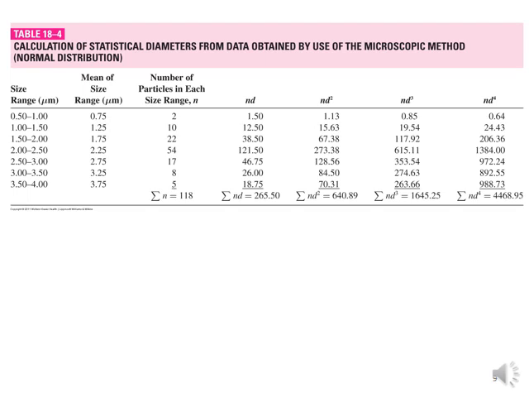If we have 118 particles, 2 of them might be in the size range of 0.5 to 1 micrometer. If we have 17 of them, also might be in the size range of 2.5 to 3 micrometer, for example.